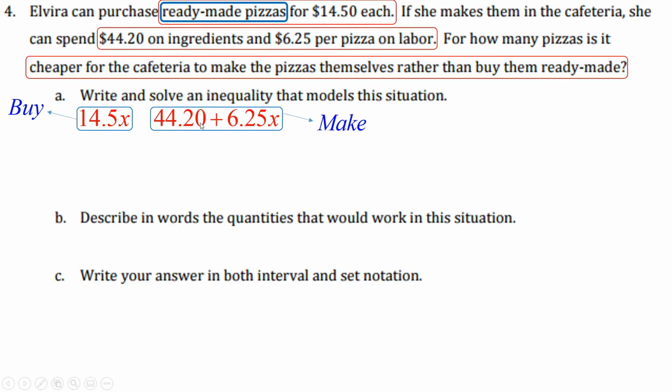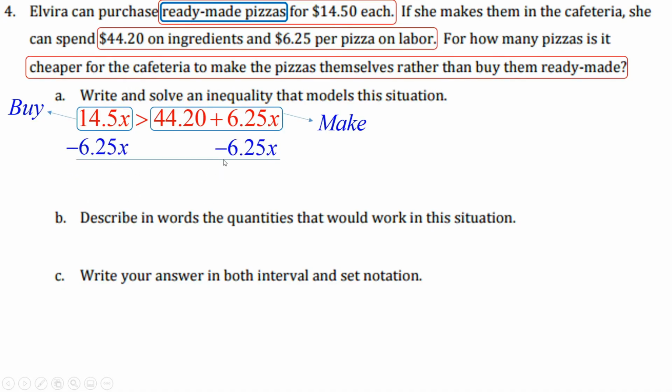Okay, if I read it from here, 44.20 plus 6.25x has to be less than 14.5x. Now I could have said that 14.5x is greater than 44.20 plus 6.25x. So there's my inequality right there. Okay, and now what do we need to do? We need to solve for the number of pizzas x.